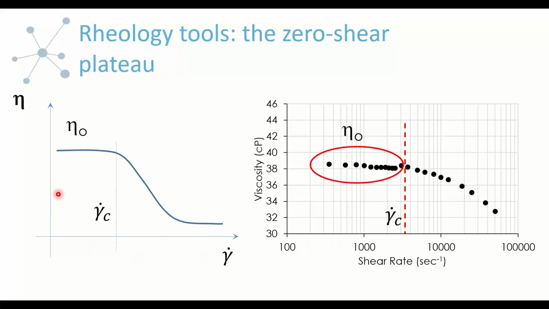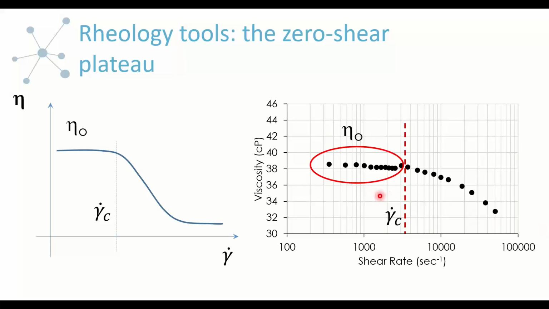At low shear rates, we see shear independent viscosity. Now this is called the Newtonian plateau or the zero shear plateau or low shear plateau. Zero shear plateau is an unfortunate name that leads to a ton of confusion. If you remember anything from today's webinar, it's that zero shear plateau does not mean zero shear rate.